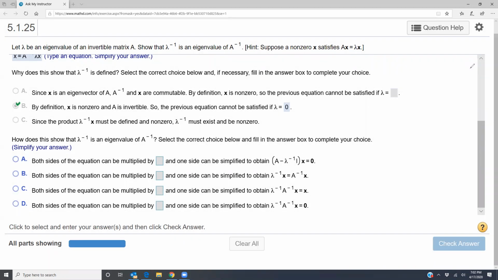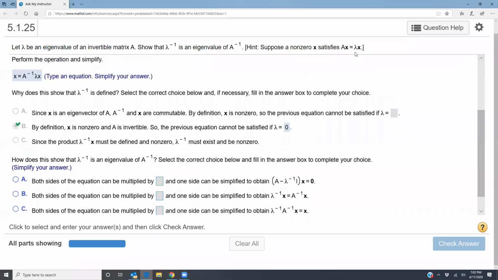All right. So we're starting with this equation here, x equals A inverse lambda x. So if I have x equals A inverse lambda x, and I'm trying to get to lambda inverse x equals A inverse x, I want to multiply both sides by lambda to the negative 1.